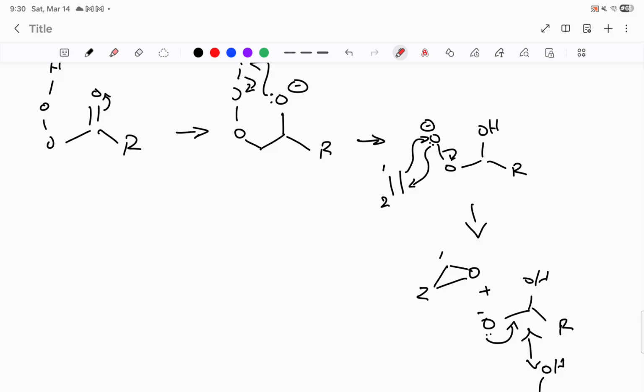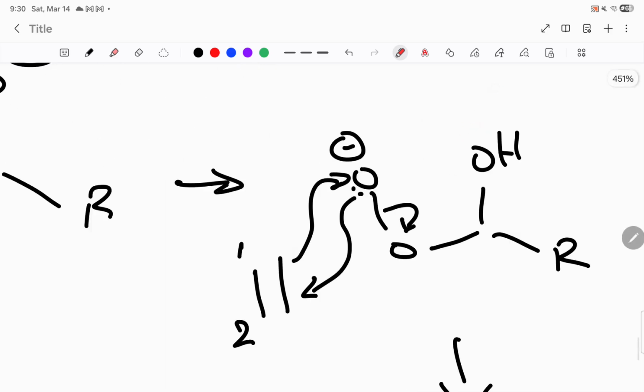Anyways, all of this, the pi bond attacking the electrophilic oxygen, right? Because mind you, that is electrophilic, okay?